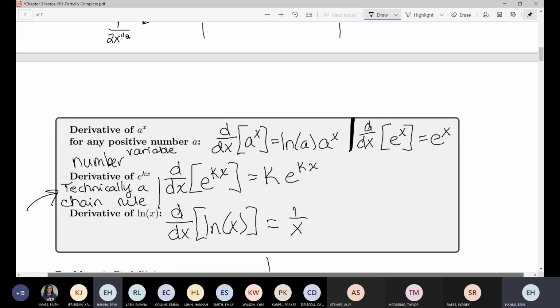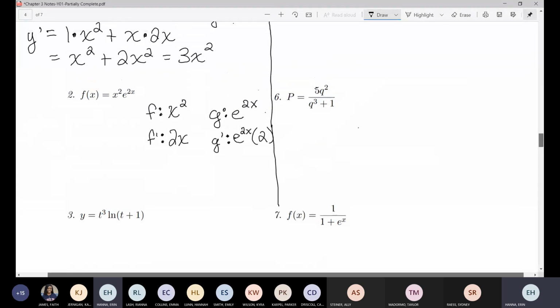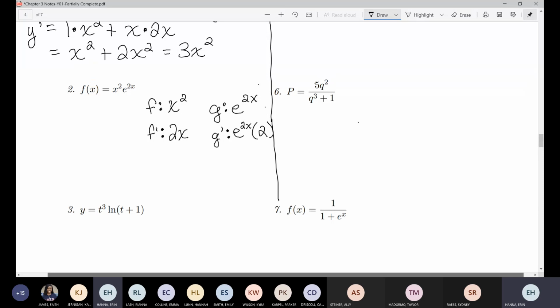You can still use the e to the kx rule. That's perfectly fine. I just wanted to talk about it in terms of a chain rule so that we recognize that it technically is. But you can just write 2e to the 2x and be perfectly fine, Sydney.